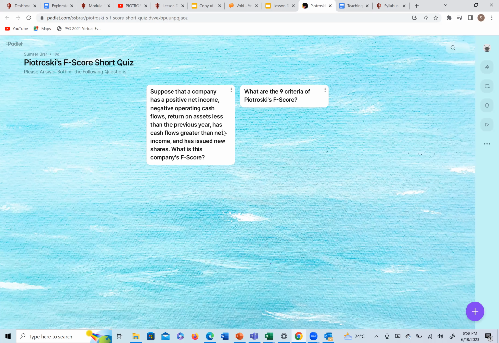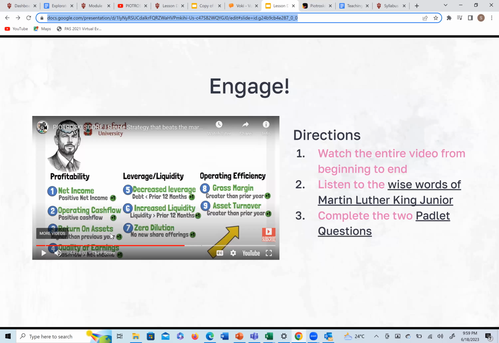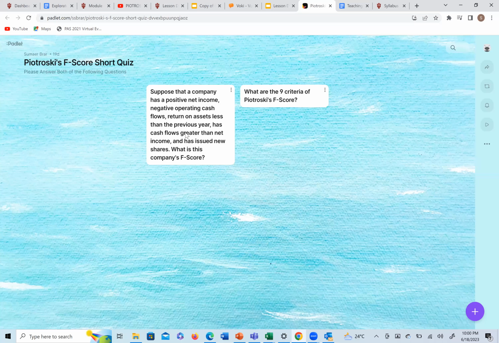The third thing that we're going to look at is whether or not the company's cash flows is greater than net income. And as we can see, the company's cash flows are greater than net income. And so this means that it has a positive operating cash flow, which means we're going to add 1 point. And so in total, we're going to add 4 points.